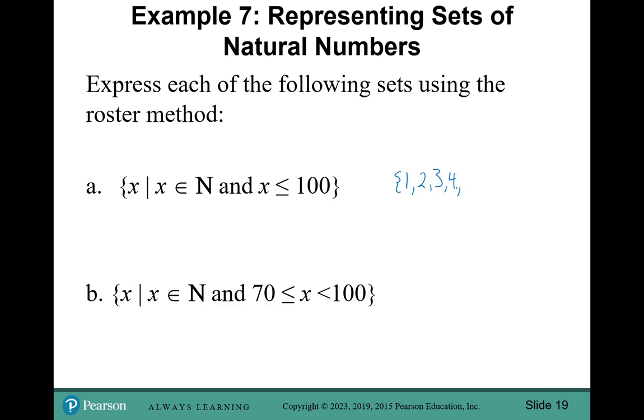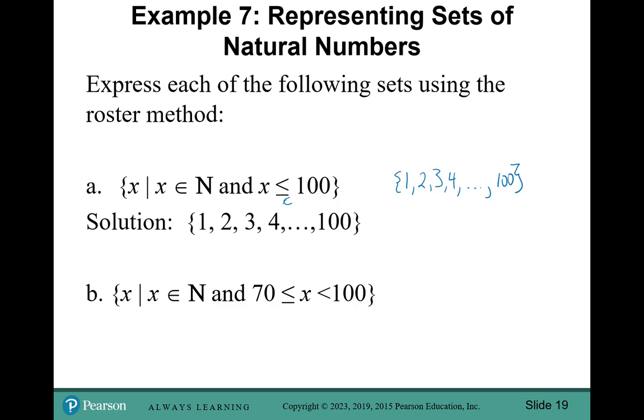Okay, so I'm going to go 2, 3, 4. I can work my way all the way up to 100 because it is equal to here. I have that little equal to sign right there. But I can't go past 100. So our set here is 1, 2, 3, 4, all the way to 100. And every natural number in between.